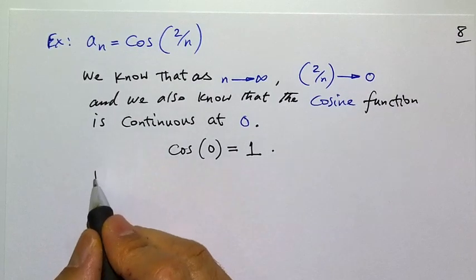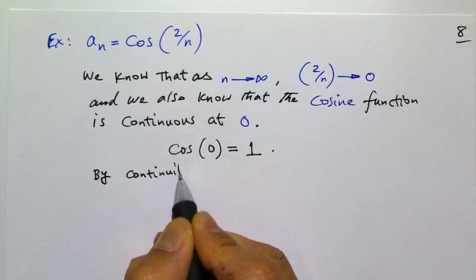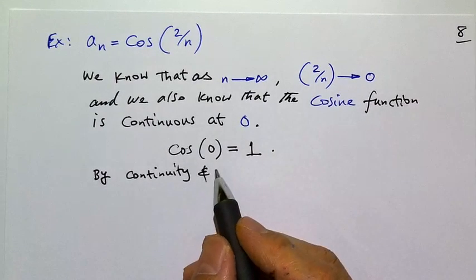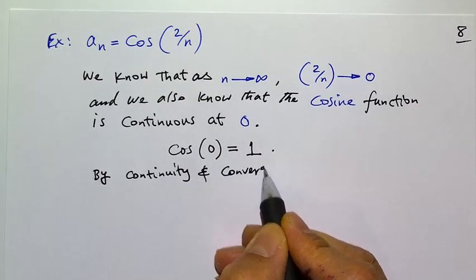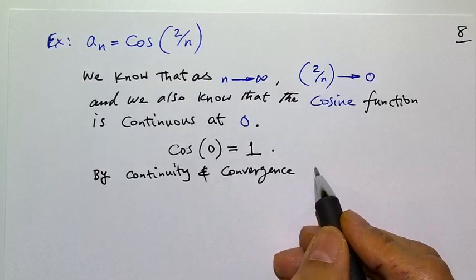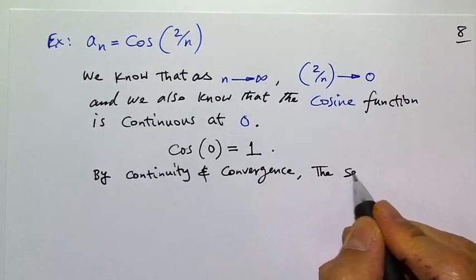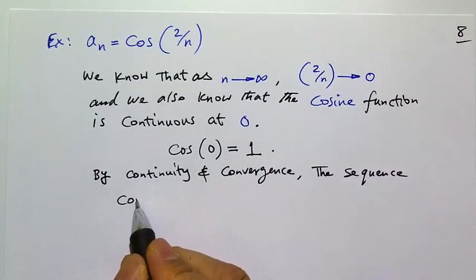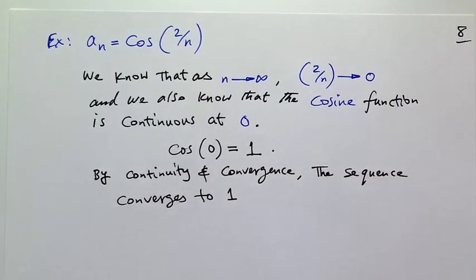So by continuity and convergence theorem, or by continuity and convergence, I don't think it's a theorem, but it's an identity that we use. By continuity and convergence, the sequence converges to 1.